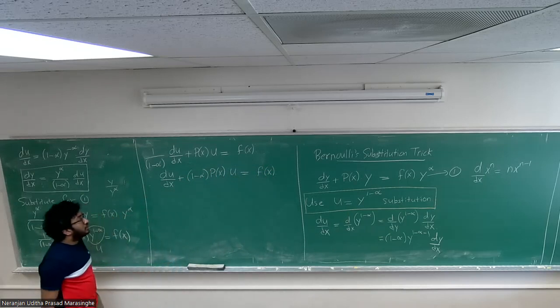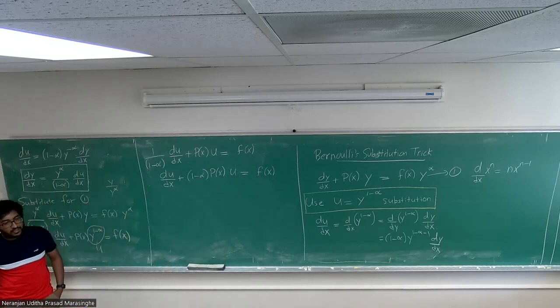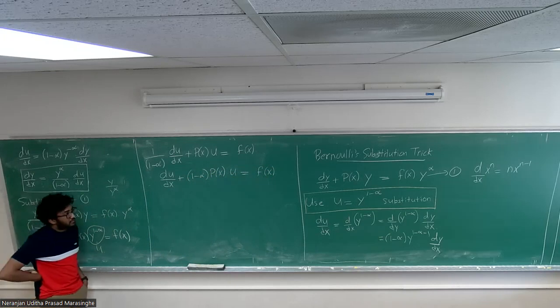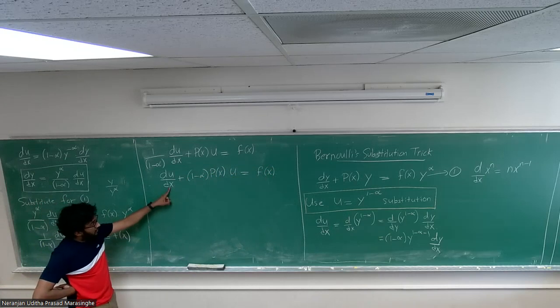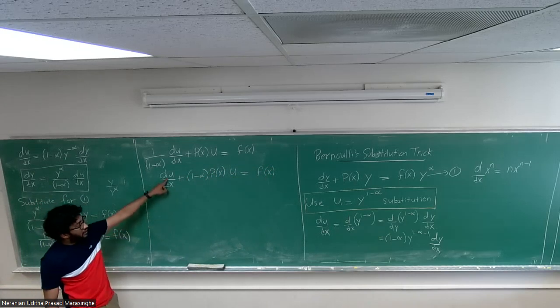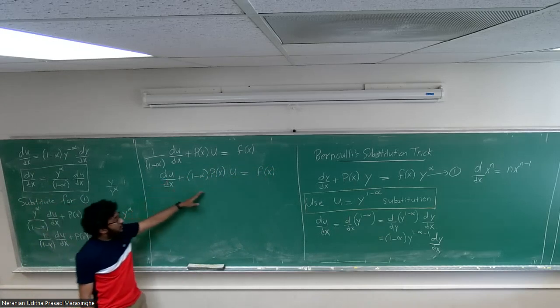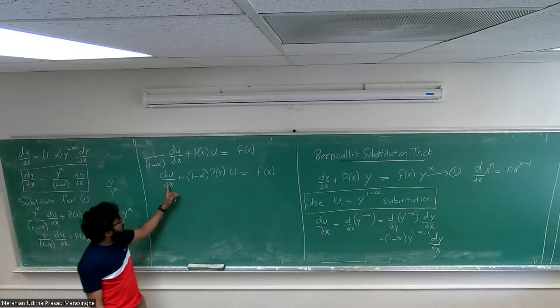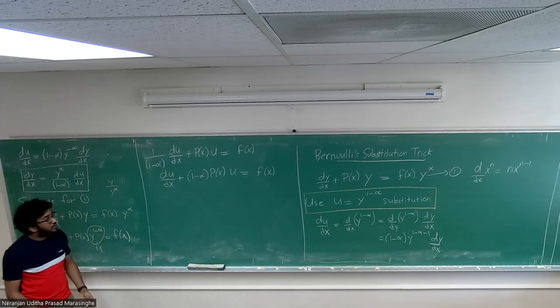Okay. Now what can we say about this differential equation? It is a linear first order ordinary differential equation, right? Because x is my independent variable and u is my dependent variable. There are no nonlinear functions of u, right?